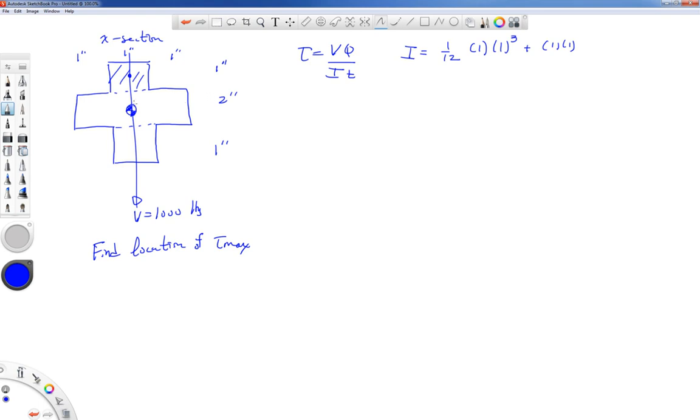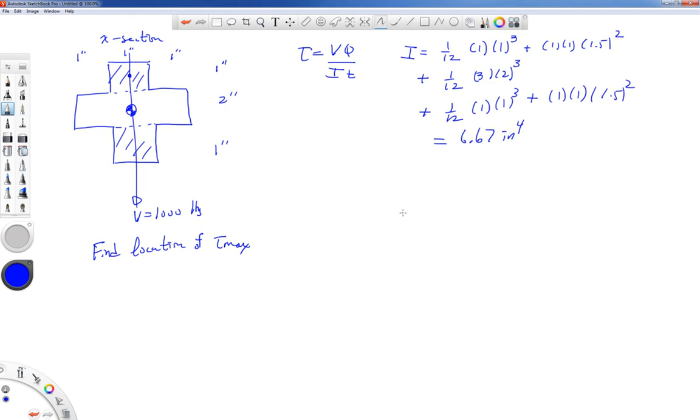Now let's see, it's 1 inch from the centroid to this edge and 1/2 inch up here, so this would be 1.5 squared. The central region, 1/12 the base times the height cubed. And there's 0 distance, so there's no parallel axis contribution. And then the bottom rectangle, 1/12 the base times the height cubed, looks just like the top one, plus the A d squared. And for this, I end up with 6.67 inches to the 4th power.